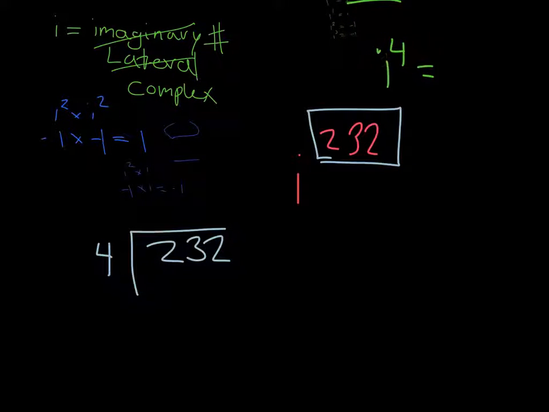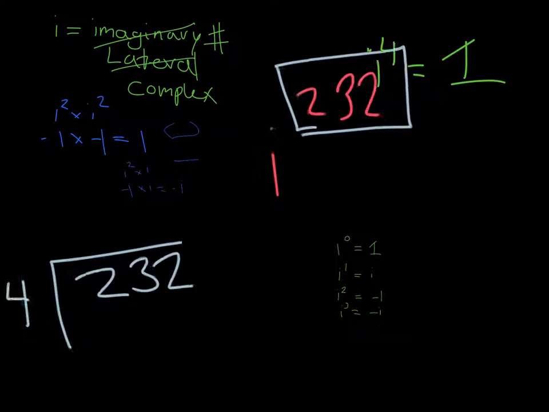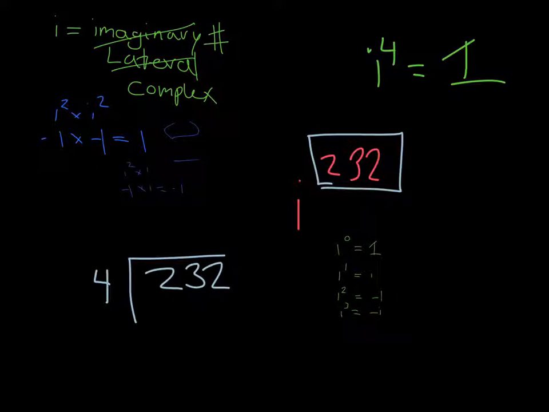We just said i to the power of 4 equals 1, right? The basic computation is up to 4, so we have to use the term where the pattern repeats to divide. What we knew before is that i to the power of 0 equals 1, i to the power of 1 equals i, i to the power of 2 equals negative 1, and i to the power of 3 equals -i.